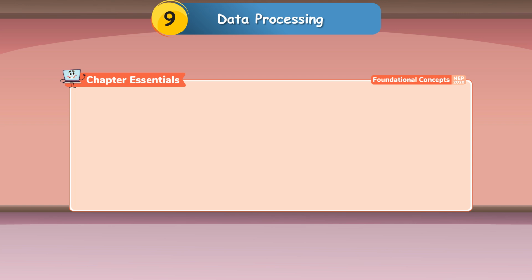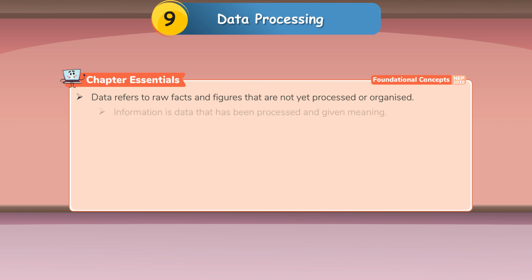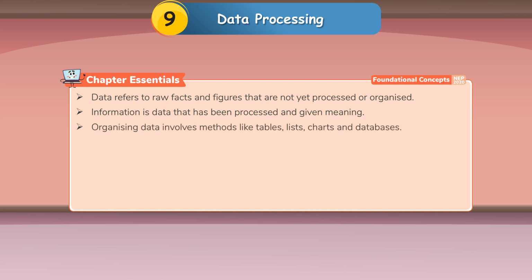Chapter Essentials. Data refers to raw facts and figures that are not yet processed or organized. Information is data that has been processed and given meaning. Organizing data involves methods like tables, lists, charts, and databases. Sorting data arranges it in a specific order for better understanding.